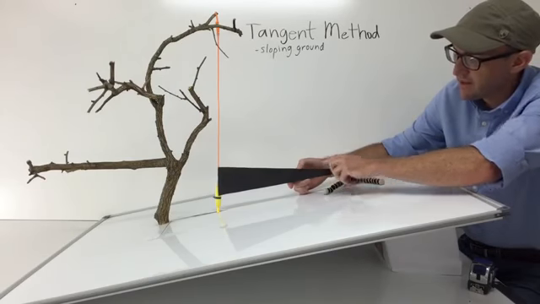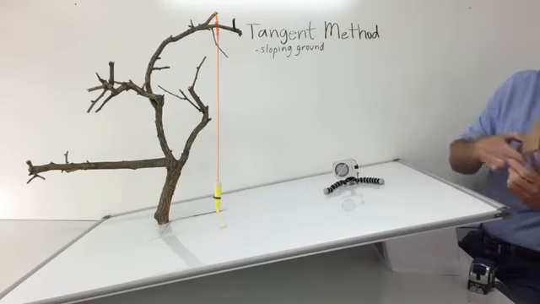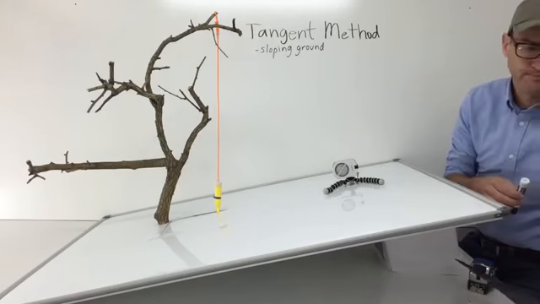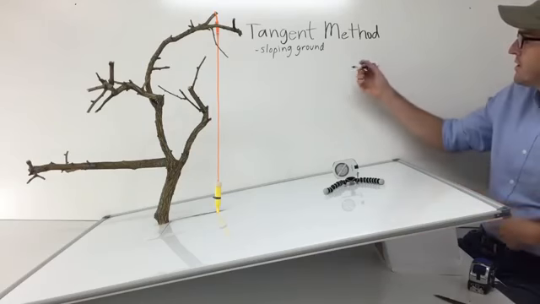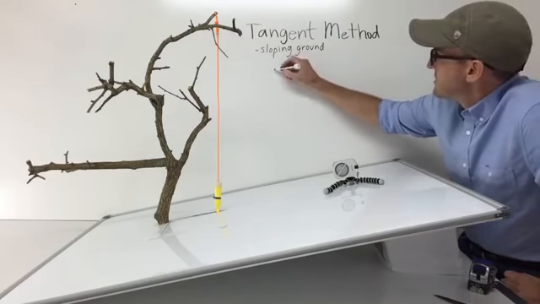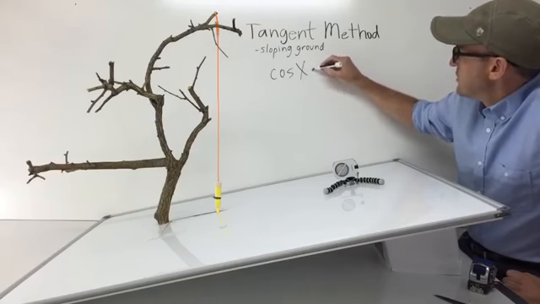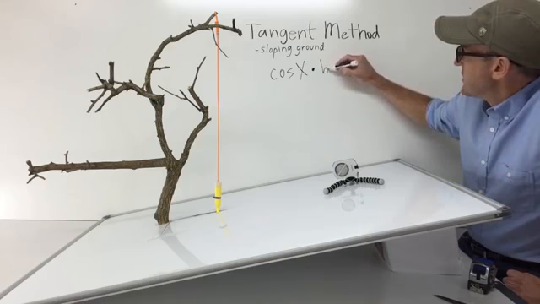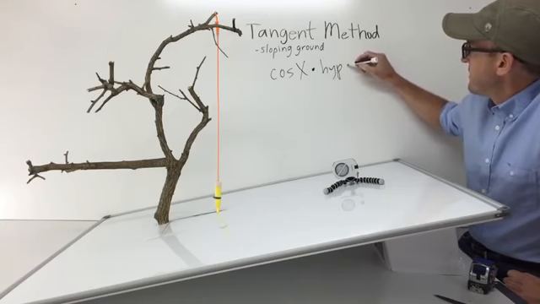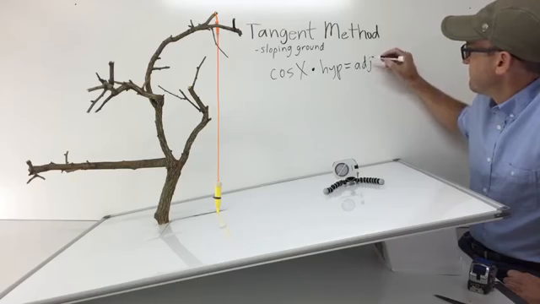And to find that side of the triangle, we need to utilize the cosine formula. Let's go ahead and write that down. So we'll call this angle our angle x. So let's take the cosine of x multiplied by the hypotenuse, and that will equal our adjacent side.